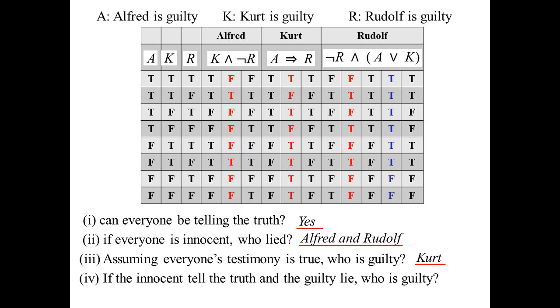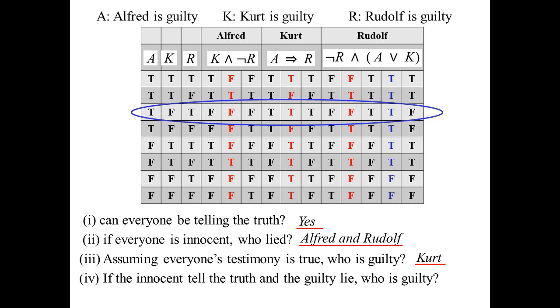Then the final one, if the innocent tell the truth and the guilty lie, who is guilty? And it's that row there. If the innocent tell the truth and the guilty lie. So the innocent people would be, we're false.